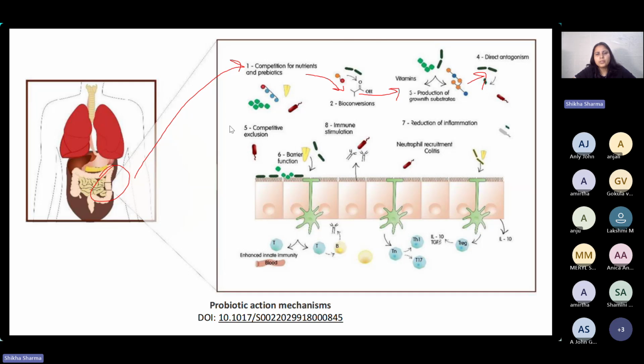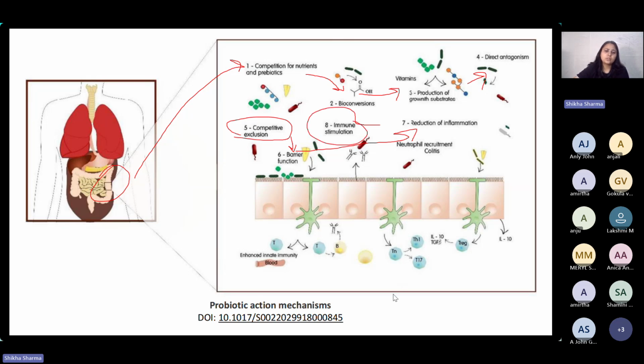Then competitive exclusion, then barrier functions. After that, reduction of inflammation and immune stimulation at the end.